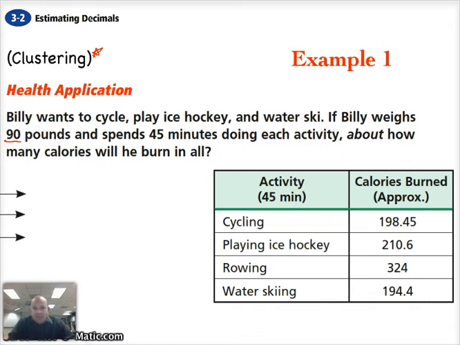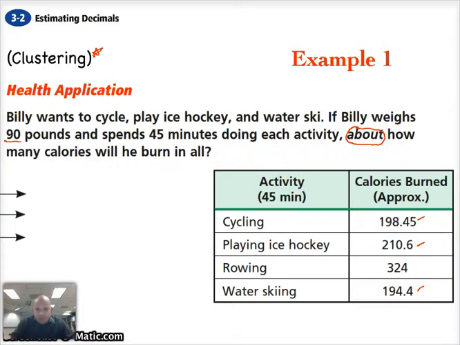So let's take a look at what Billy wants to do. He wants to cycle, he wants to play hockey, and he wants to water ski. So how much will he burn in all? Again, here it says about, which allows us to estimate.